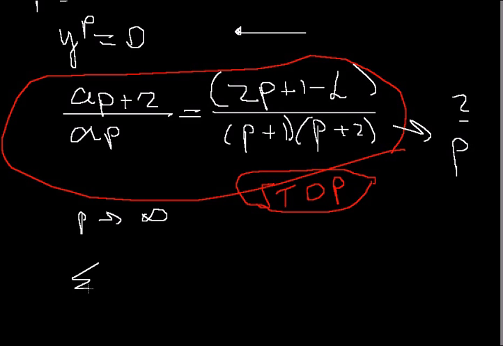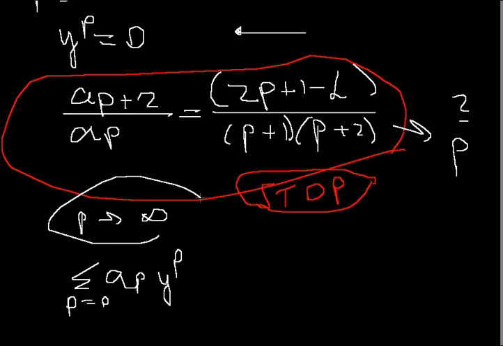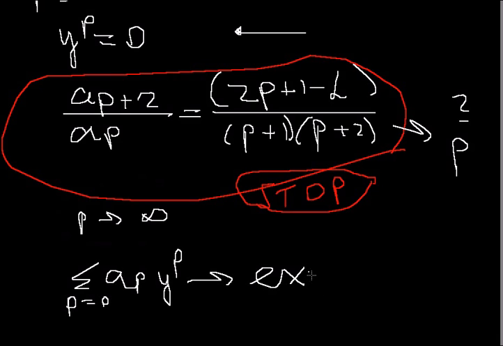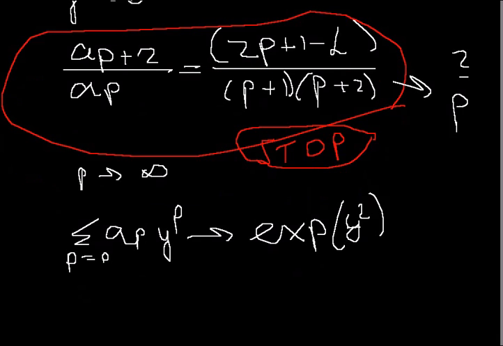And this sum from p, y to the power p, when p tends to infinity, tends to the exponent with the following power.